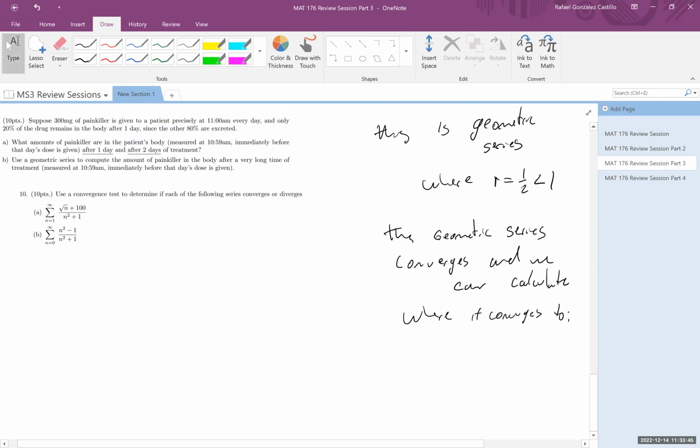To calculate where it converges to, you simply use the rule that we have from the theorem for the geometric series test. The geometric series is going to converge to, I believe it's a over a plus r, or actually a minus r. Here our a is actually 1, so we have 1 over 1 minus 1/2.